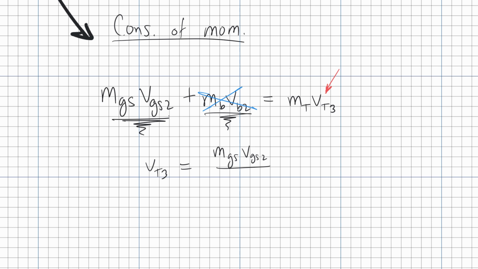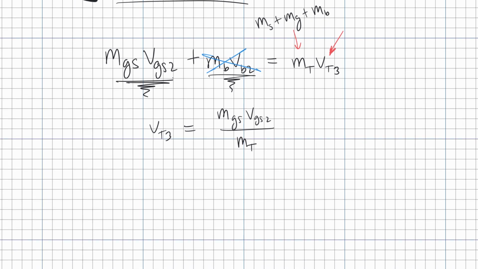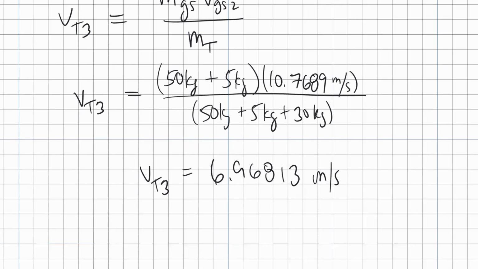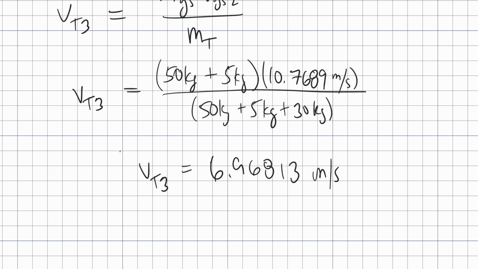We'll make a note that the mass total is the mass of the sled plus the mass of Gayle plus the mass of the brother. I'm just going to call it MT. I think you guys can follow that. I'm going to pause while I plug and chug. And I'm getting a number exactly like this.